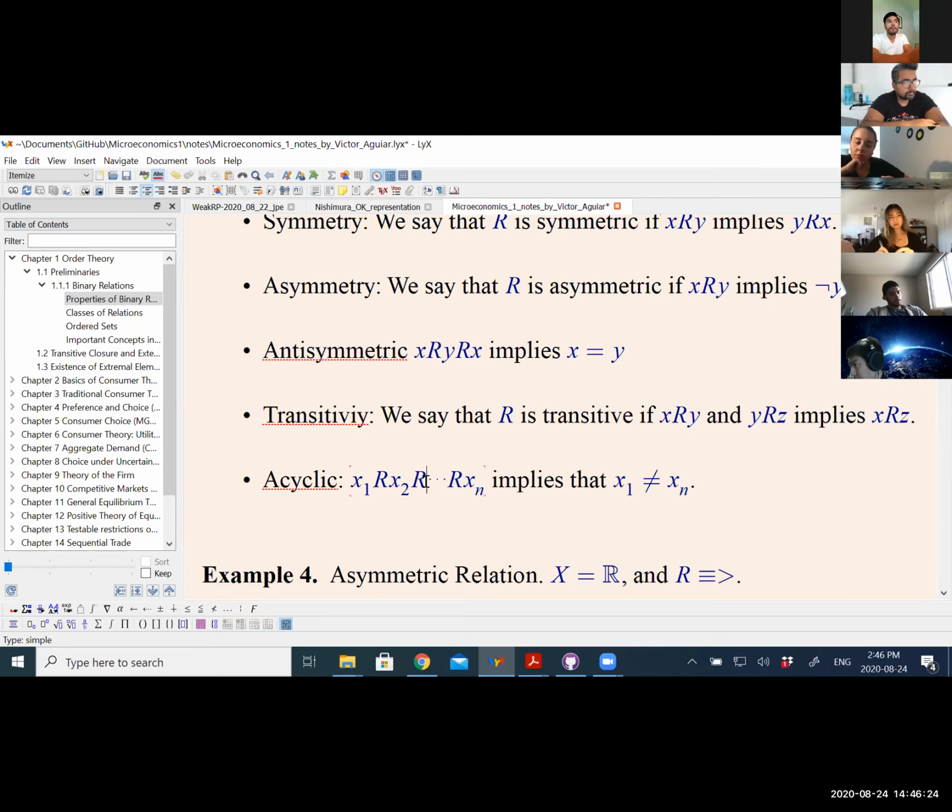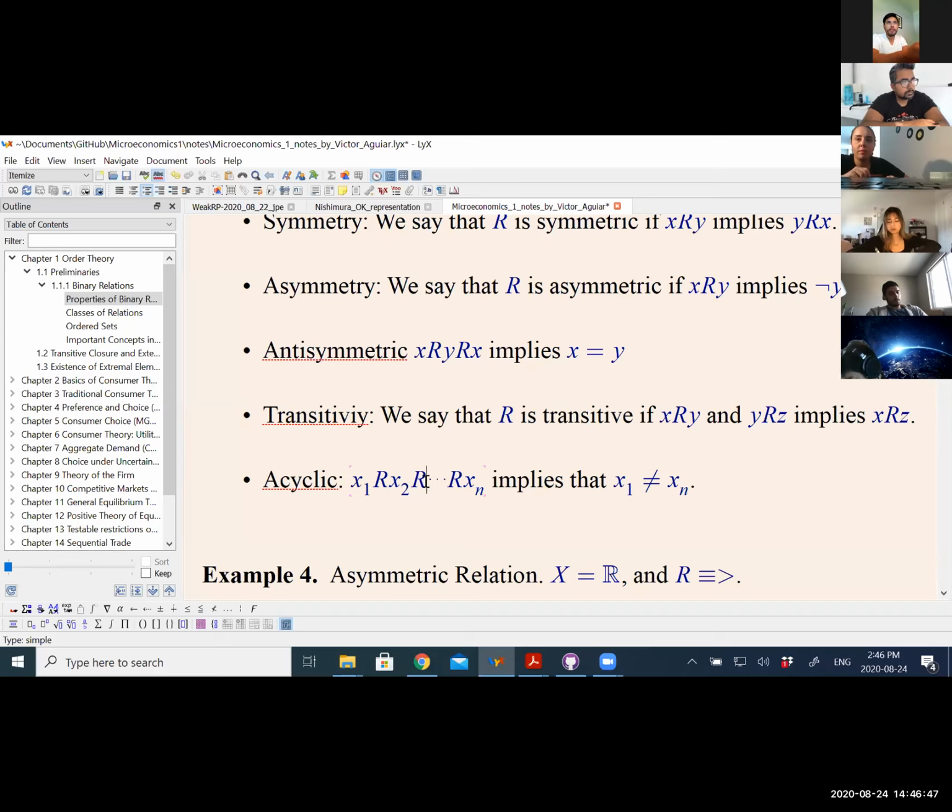So let's think, for instance, about a relation that is cyclic. Friendship, right? So a cycle of size 2. Say, for instance, person 1 is friends with person 2, therefore person 2 is friends with person 1.